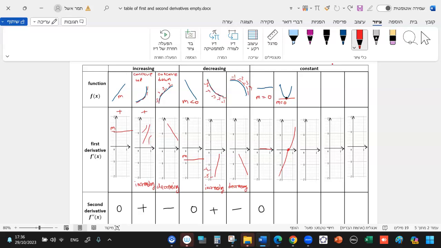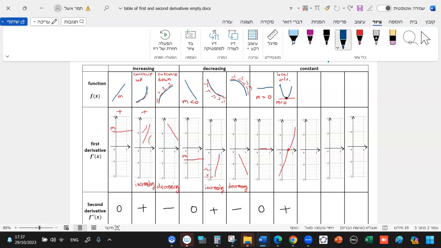So when we have a local minimum, the first derivative is increasing from negative. At this minimum point it is 0, and then increasing to the positive values. The first derivative is increasing, so second derivative must be positive here, showing us that the first derivative is increasing.